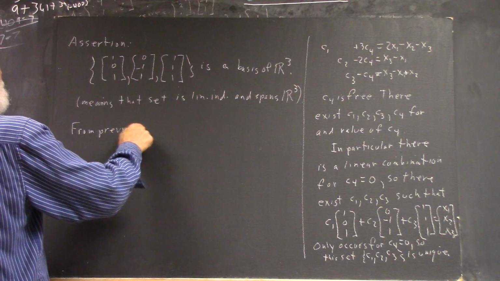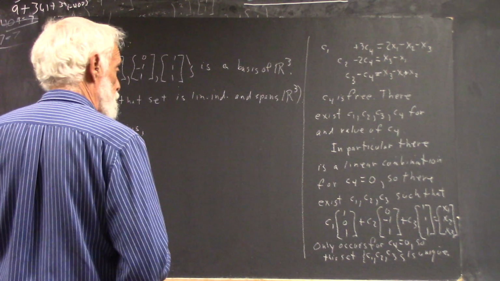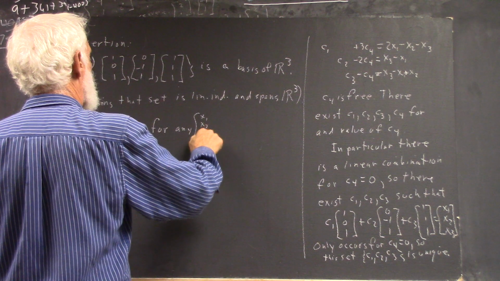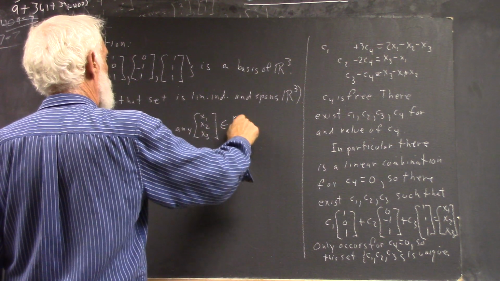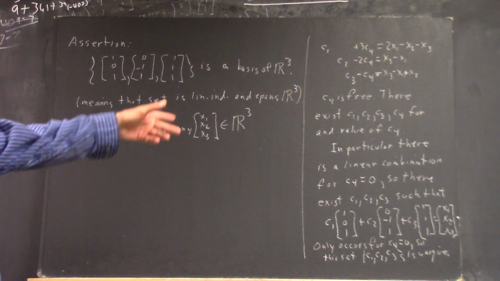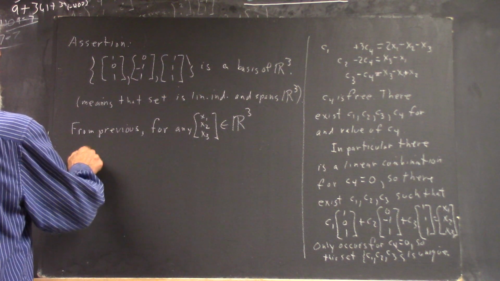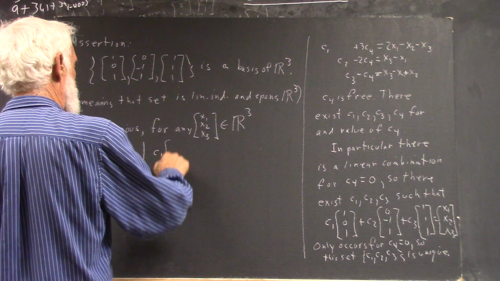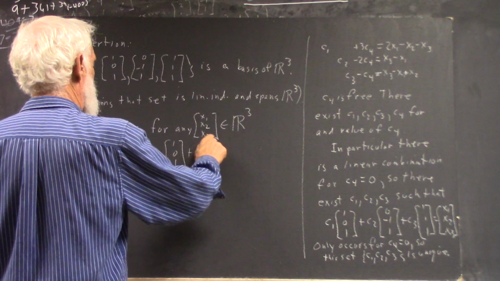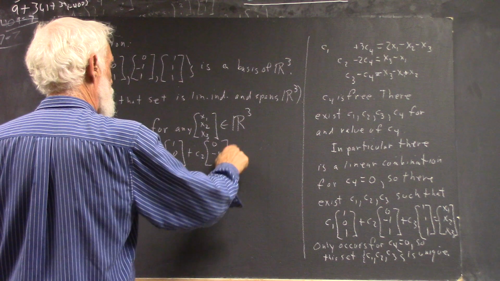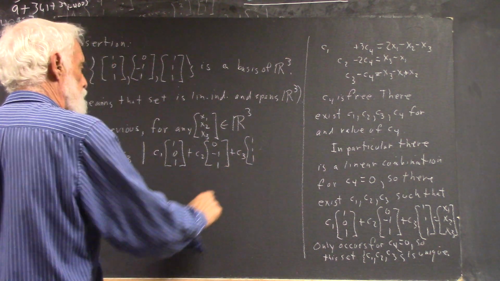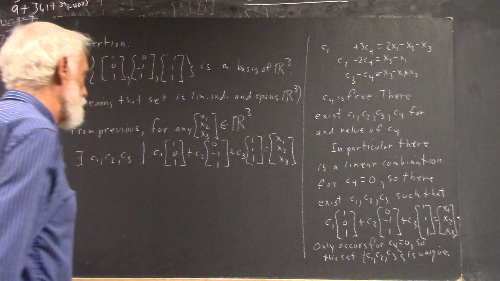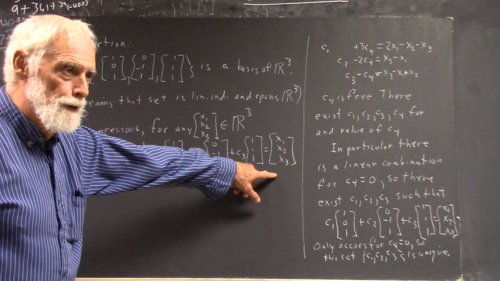Now, from the previous, for any vector x1, x2, x3 in R3, such that this combination equals x1, x2, x3.